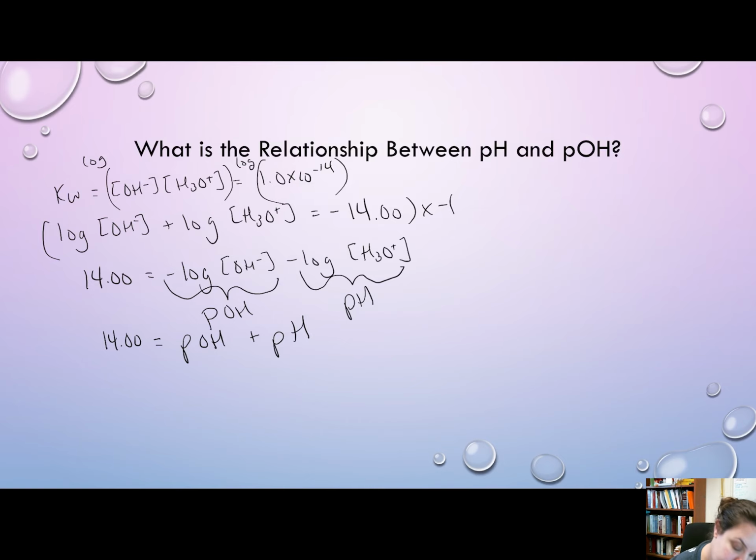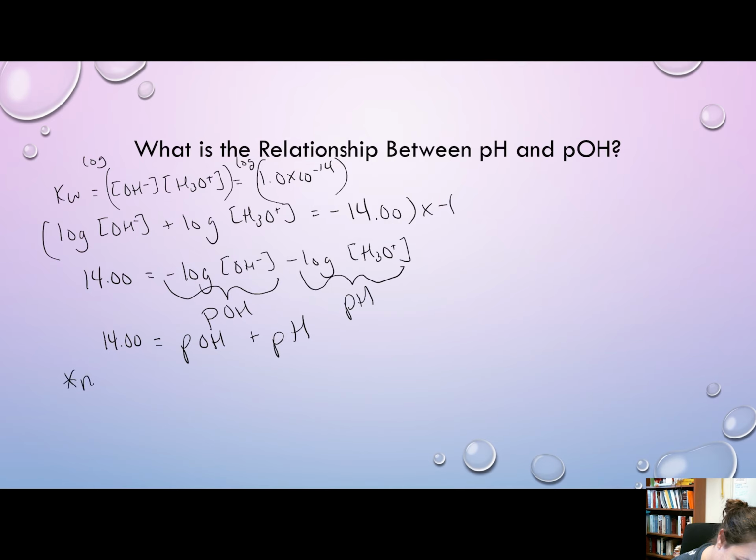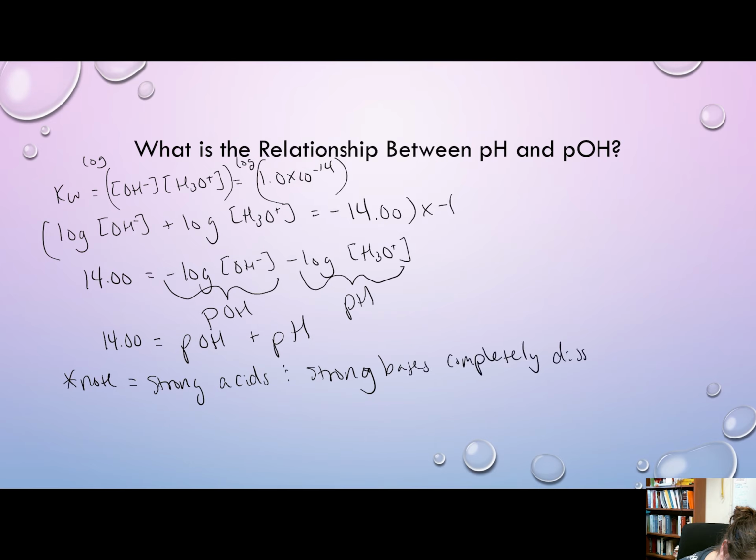Now, as a note, if you have a strong acid or a strong base, they will completely dissociate to produce hydronium and hydroxide. So we can figure out our hydronium concentration by just taking our acid concentration.